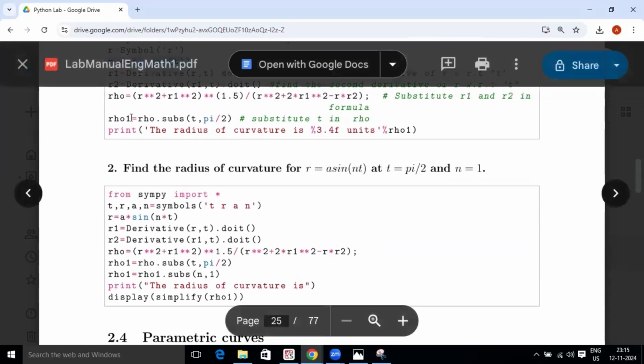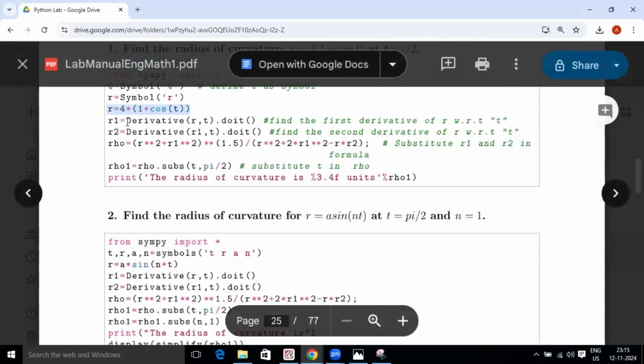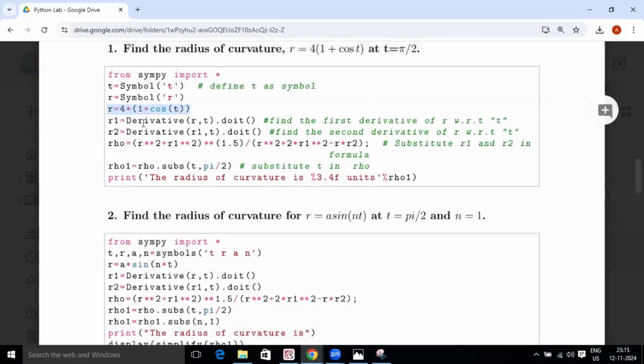And r1 and r2. r1 calculates the first derivative of r with respect to t, and r2 calculates the second derivative of r with respect to t. Then calculate the radius of curvature, where r is the radial distance, r1 is the first derivative and r2 is the second derivative.